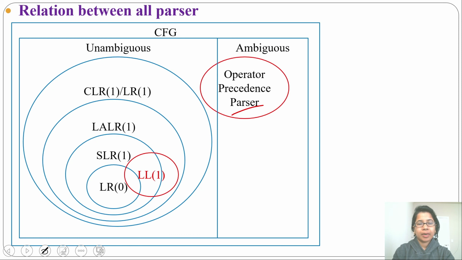LL1, LR0 and LR1 parsers can accept only unambiguous grammar. For LL1, the grammar should be free from ambiguity, left recursion, and common prefixes, and for LR, the grammar should be free from ambiguity. If a grammar has ambiguity, then it cannot be parsed by an LR parser.